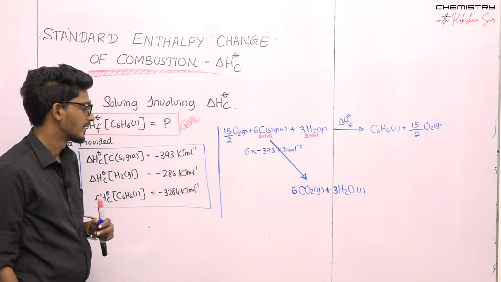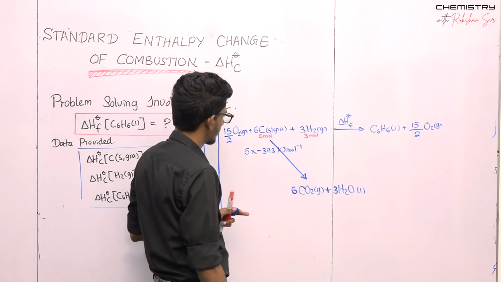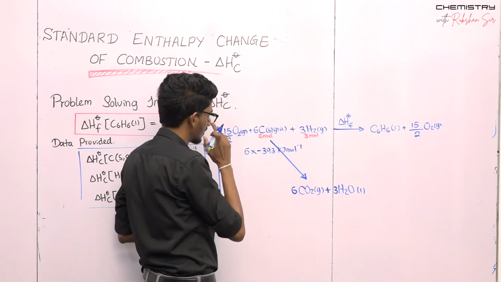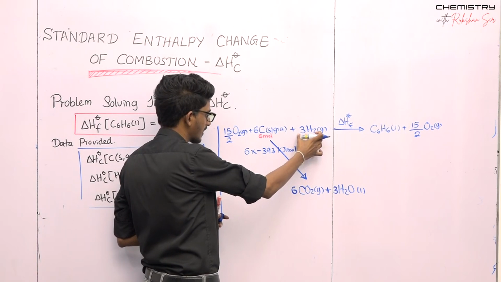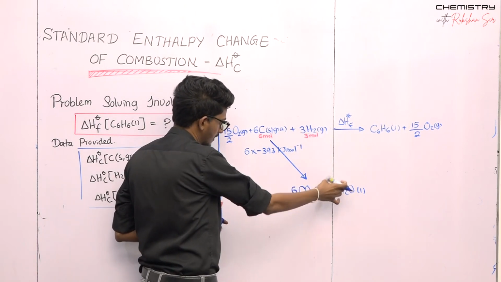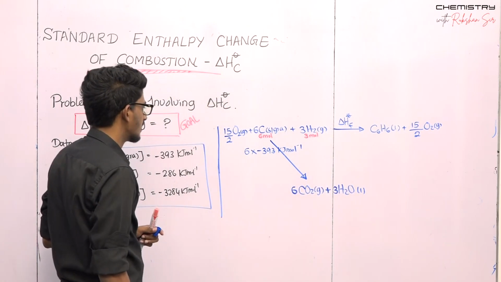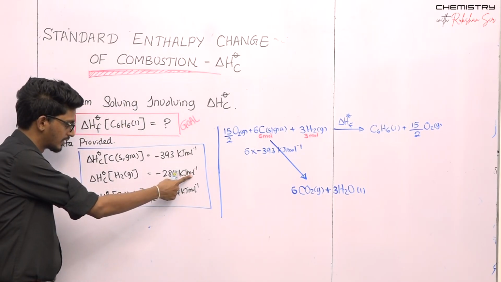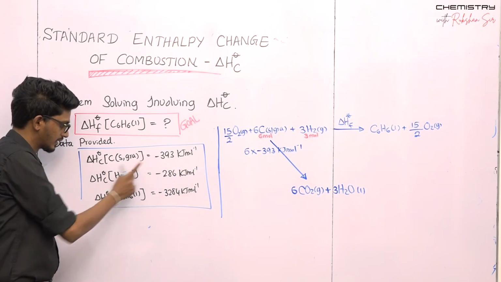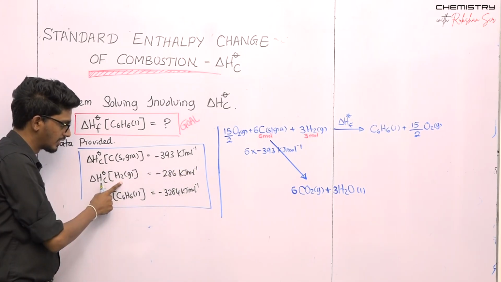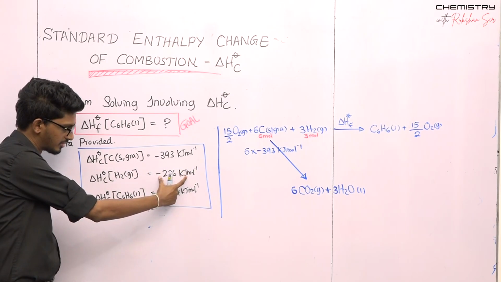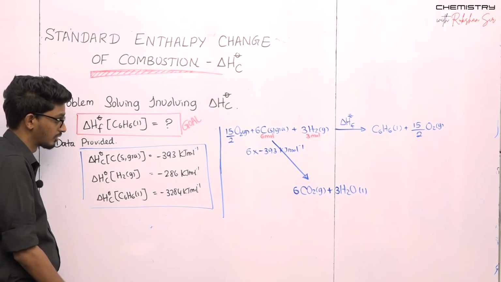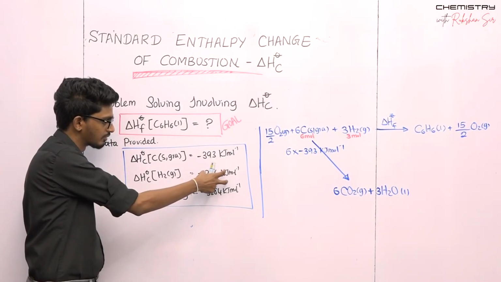Doing that change is not enough to convert this system totally to here. You have to convert the 3 H2 gas to 3 H2O liquid as well. To combust 1 mole of H2 gas you need this amount of heat change, so for 3 moles you need 3 times this energy change.